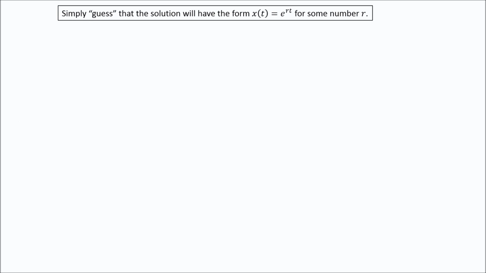And as before, as I told you to do, we will simply guess that the solution will have the form e to the rt for some number r. So we plug it into the differential equation, divide by e to the rt, and you get this. I believe I failed to mention this equation in r is called the characteristic equation of the differential equation.